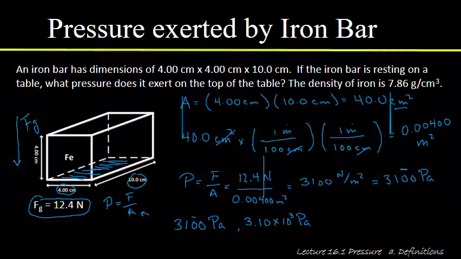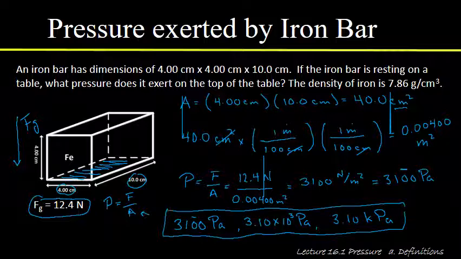Or if we wanted, we could use a metric prefix and say 3.10 kilopascals. Any of those would be acceptable answers for this one. Alright, terrific. So there's a lot of steps in that one. I think all of the steps individually are pretty simple, but there's a lot of parts to putting that whole thing together. I feel good with the work we did on that one.